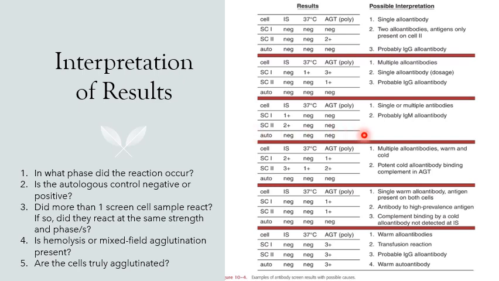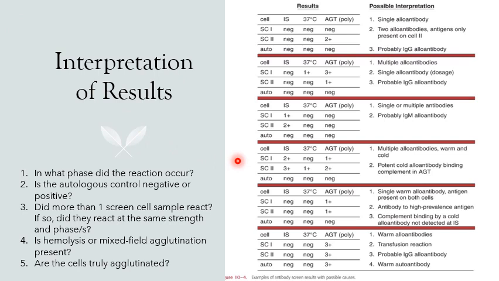So the possible interpretation is pwede siyang single or multiple antibodies because nag-react siya sa dalawang screen cell. And probably, IgM alloantibody kasi sa immediate spin siya nag-react. So, hindi siya autoantibody because negative yung autocontrol.